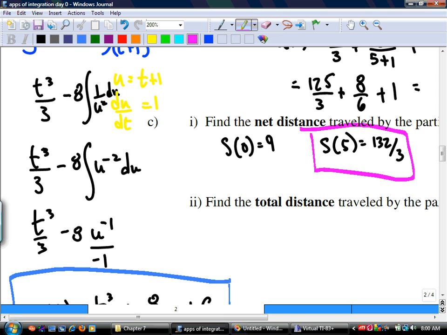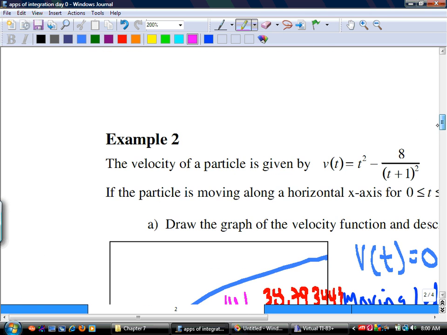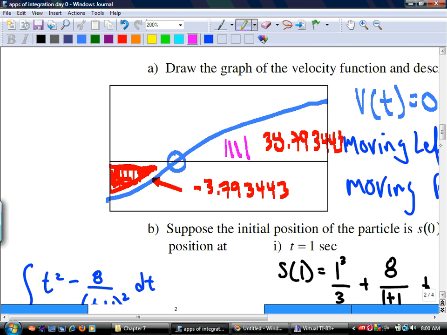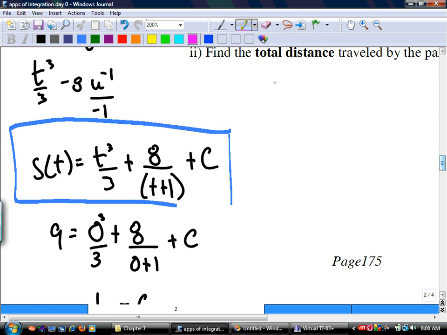Anyways, so find the total distance. What am I going to do to find the total distance? 38.79. There you go. Plus the 3.7.